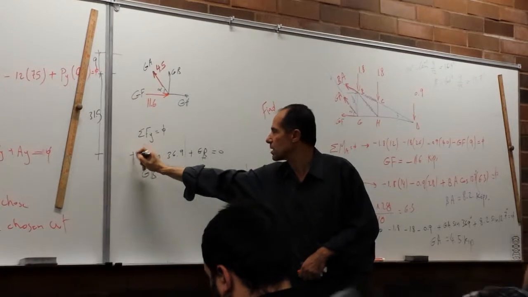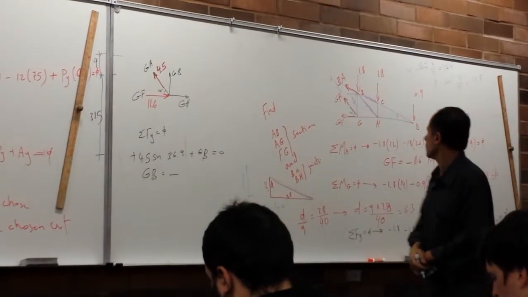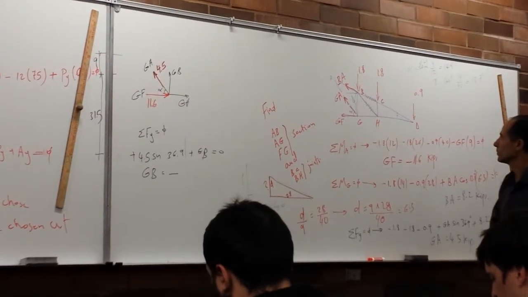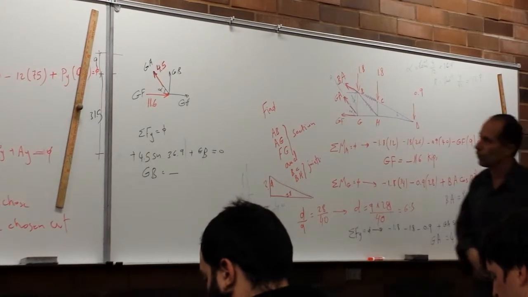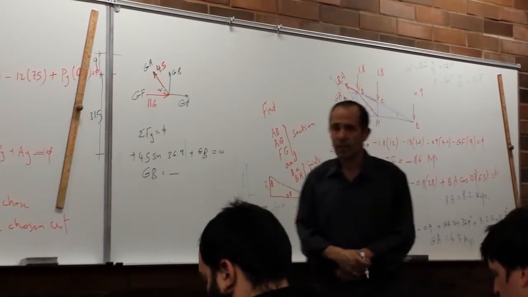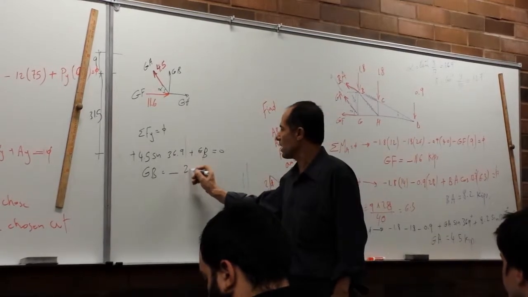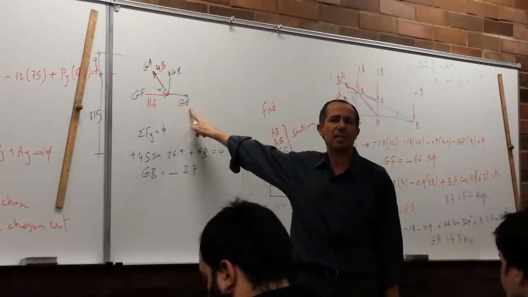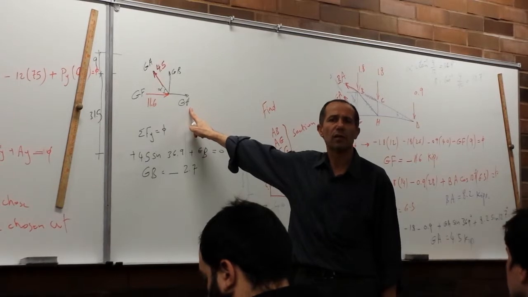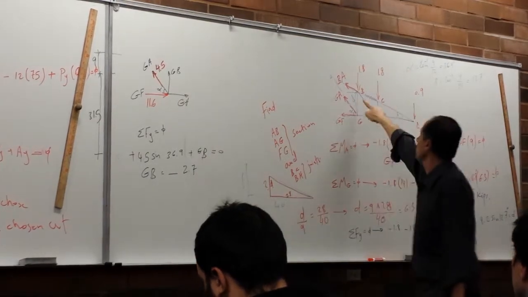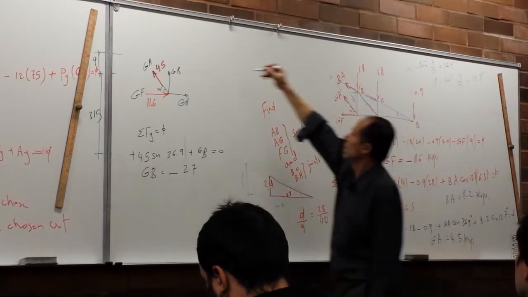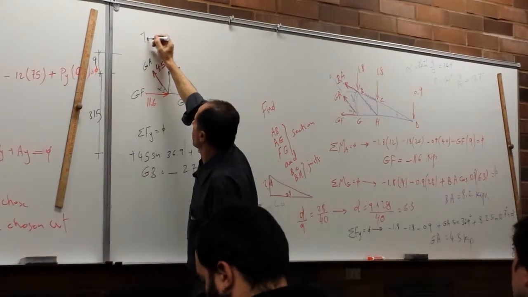Give me a number, please. 2.7. How much? 2.7. Do I need to calculate sum of x to get this one? No. I just need to move now to joint B. So this was joint G.